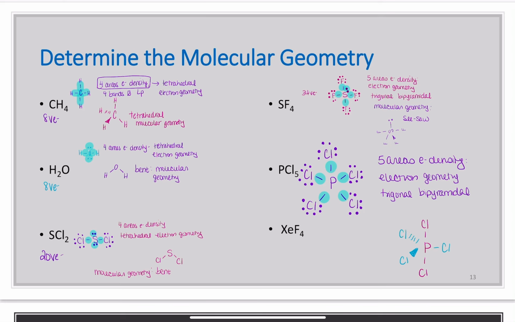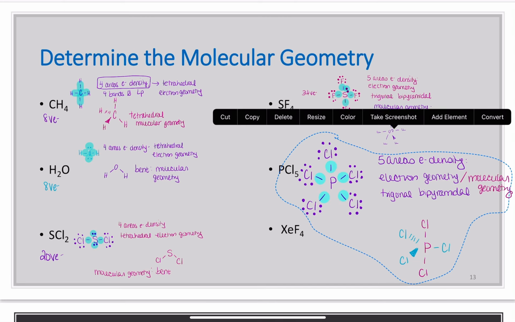This is also trigonal bipyramidal. So my electron and molecular geometry match because there's not any lone pairs. Remember, those will match when there's not lone pairs.